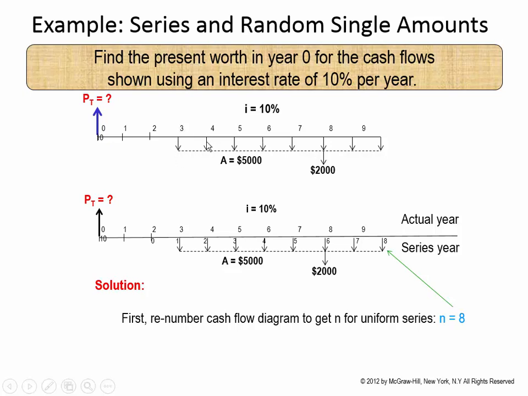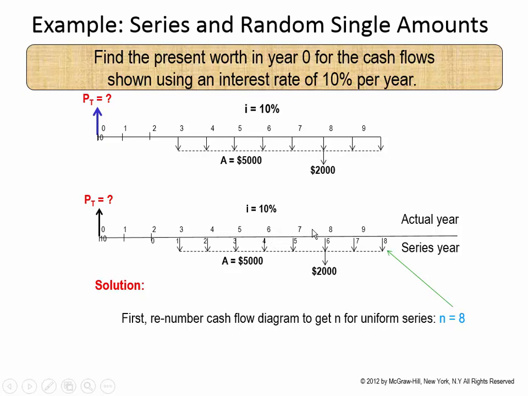Year 4 we pay $5,000, and so on. And then there's also a one-time payment of $2,000 extra. So the total amount that is outflow in year 8 is $7,000. But then in year 9, it's back to another $5,000 and so on.